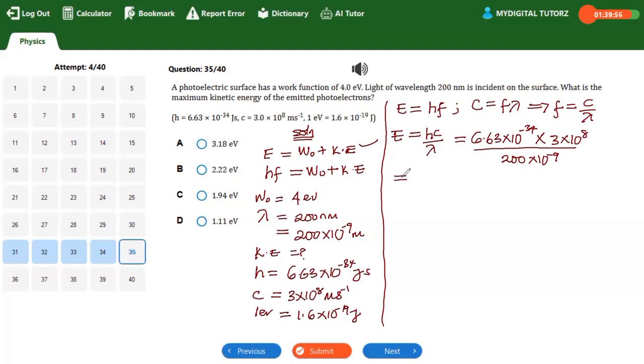So when you press your calculator for this, you're going to have the numerator to be 19.89 times 10 raised to power minus 26, then divided by 200 times 10 raised to power minus 9.